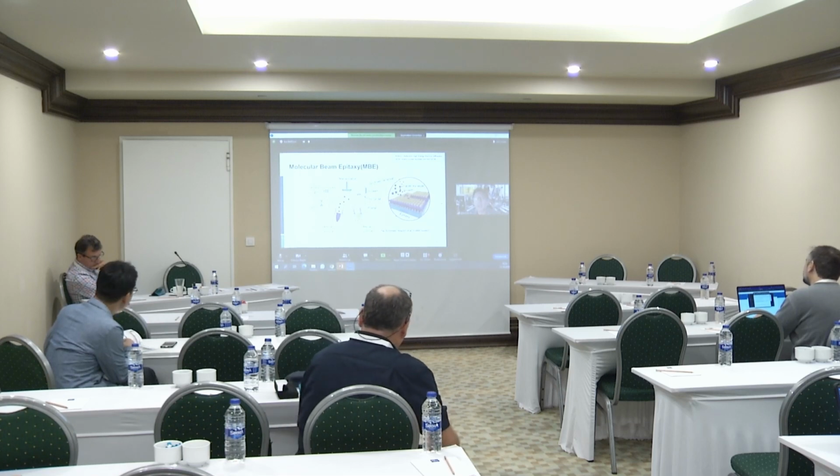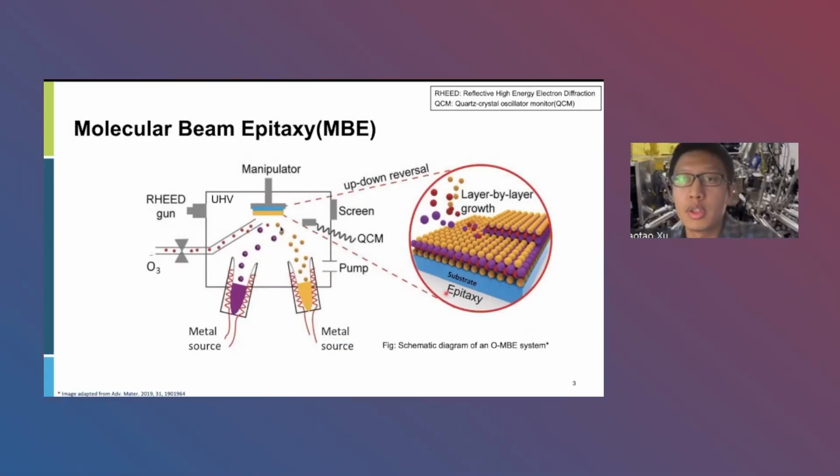So MBE is recognized as the highest standard of material synthesis. The principle of MBE is simple. Solid source particles sublimate, and once they arrive at the heated substrate, they will bind, nucleate, and condense, following the guidance of the crystal structure of the substrate.